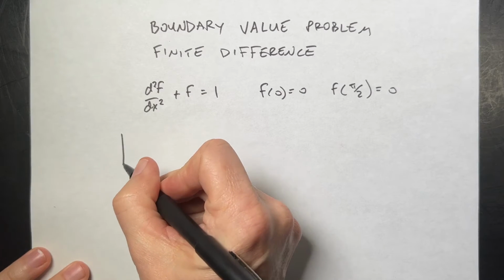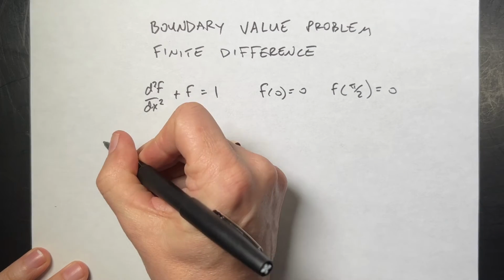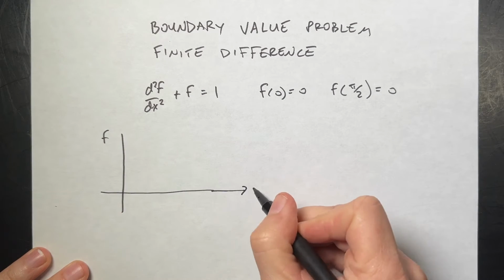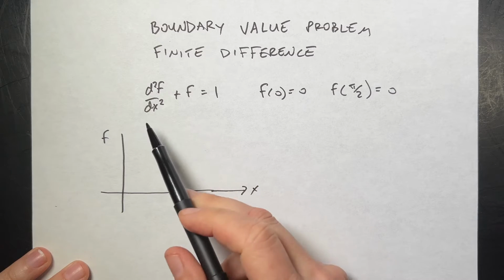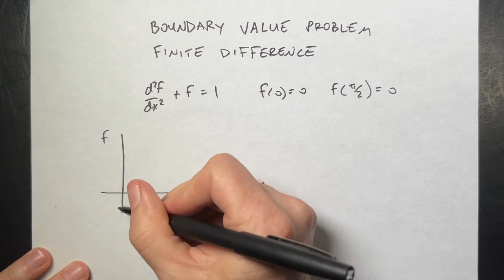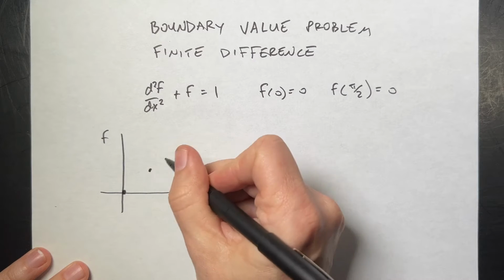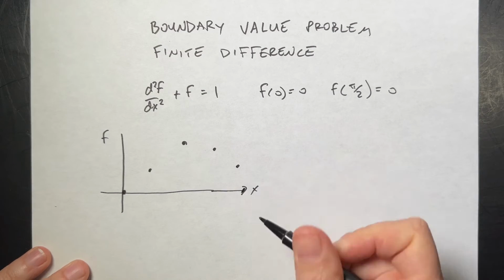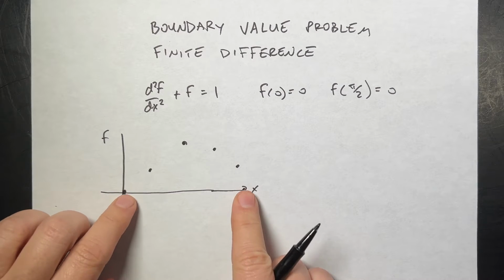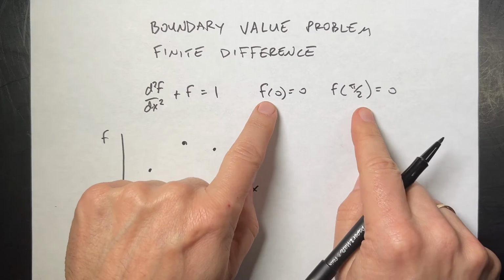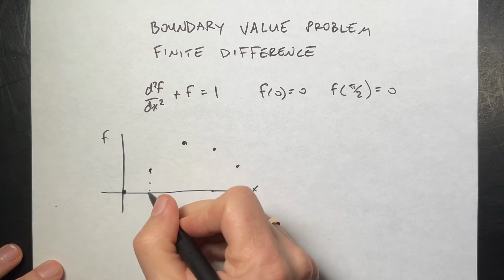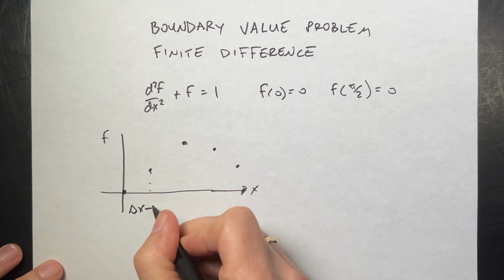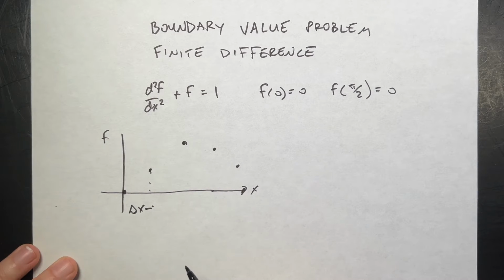Let's imagine that I have f and x, and I have discrete values for the function, and let's just pick these points right here. My values are fixed at these locations, and that's important. They are separated by delta x, and they have some function values f1, f2. They're finite values.